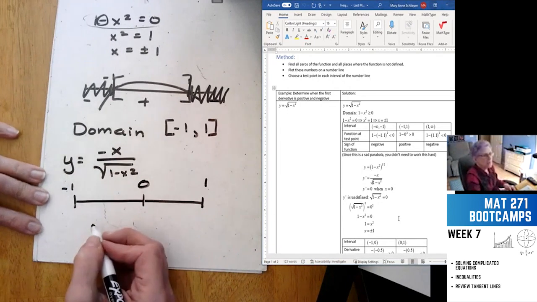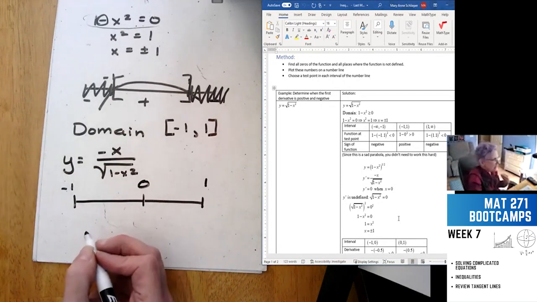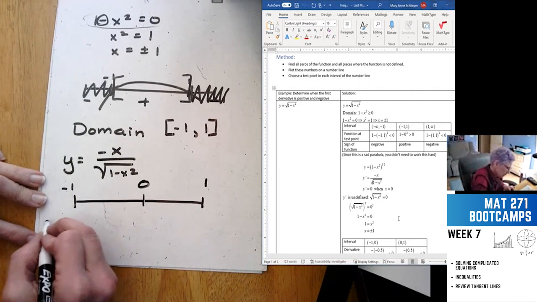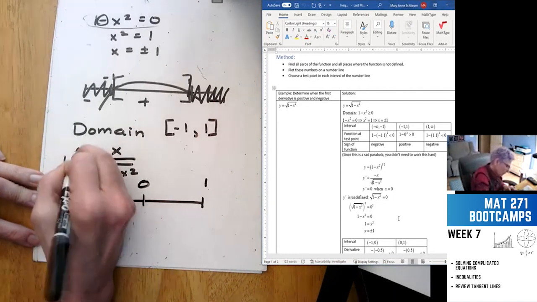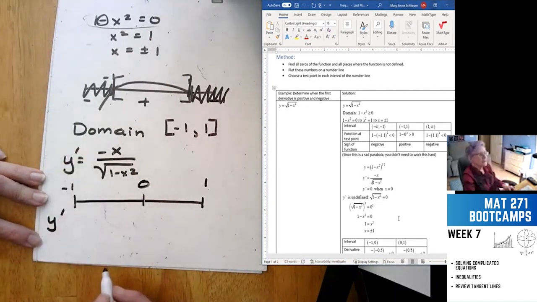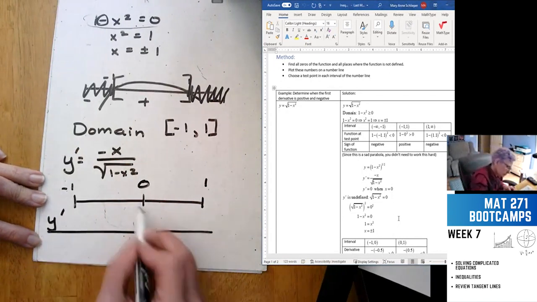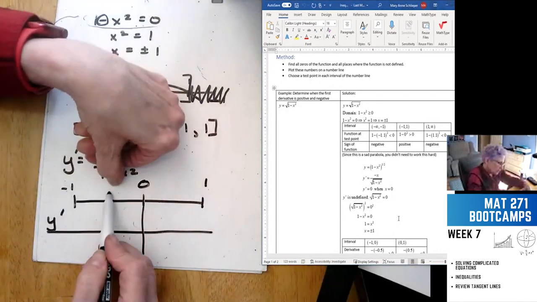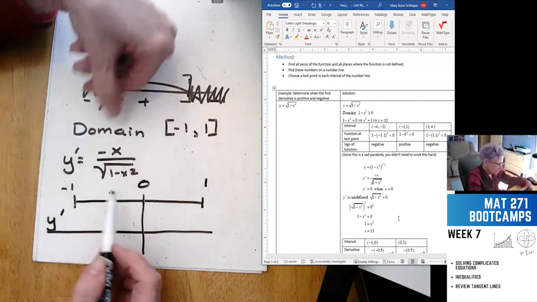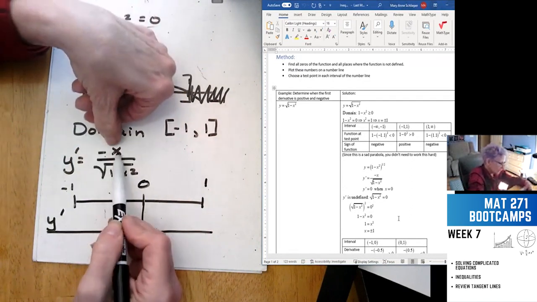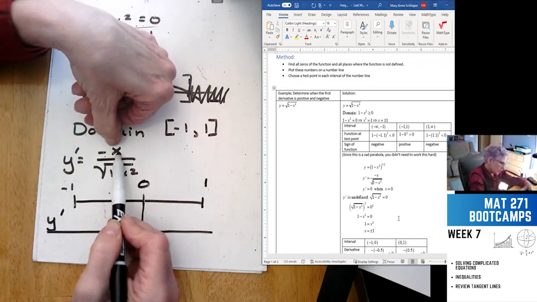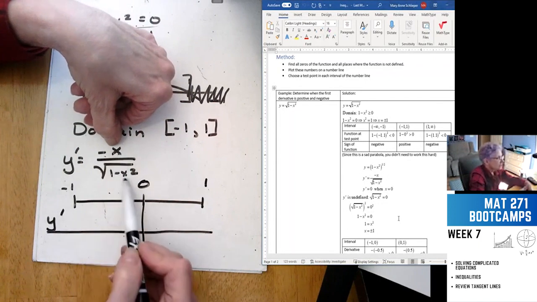Now you can do some test points. This one's pretty easy to just logic your way through. Underneath, I put a little row for the sign of y prime. If I plugged -1/2 in here, then a negative of -1/2 gives me a positive thing.